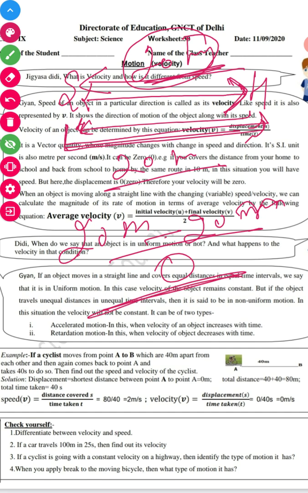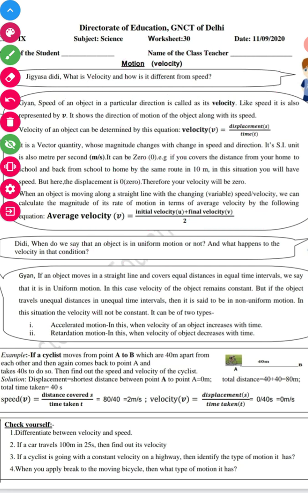So that is why we say displacement is 0, because you started moving with the reference point from your home, and again you reach your home. Net movement is 0. So in this case velocity is also 0.